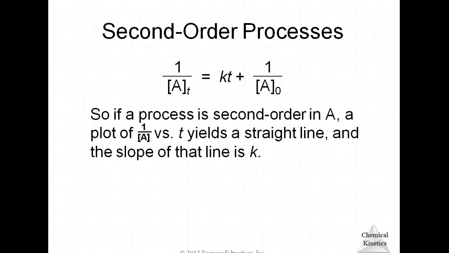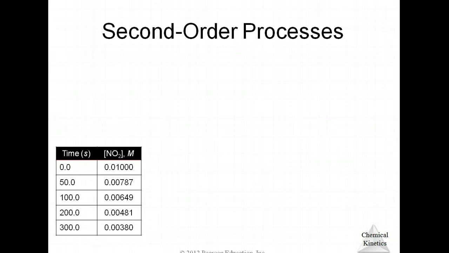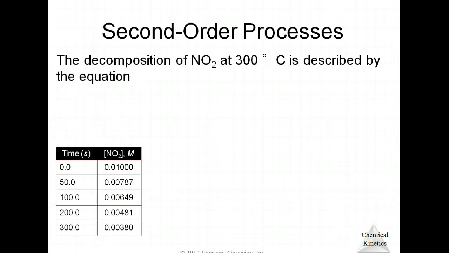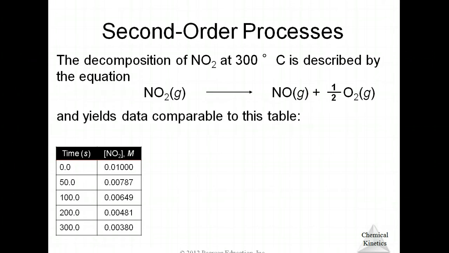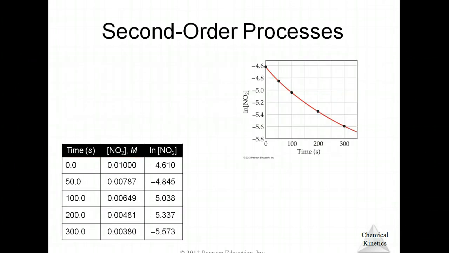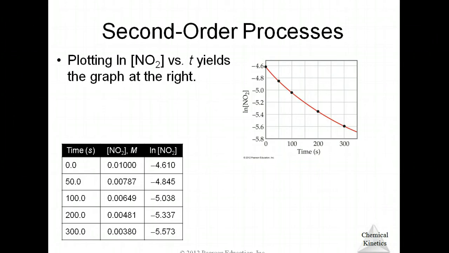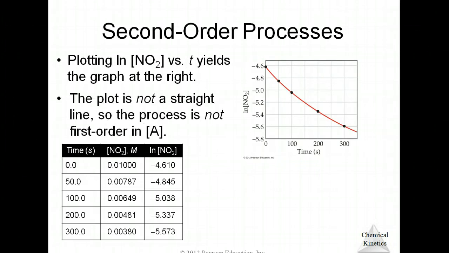law, and it has the form of y equals mx plus b. Given some data, we can take a look and see how this goes together as far as our reaction. And looking at graphing this out, we see that this doesn't give us a straight line if I attempt to put it into the first order reaction rate law.